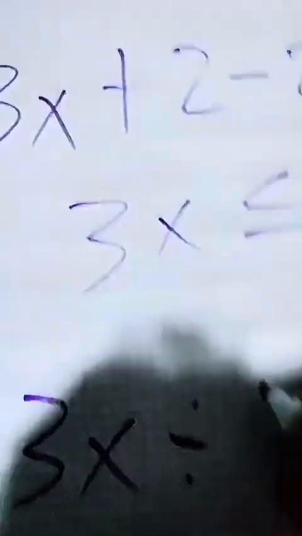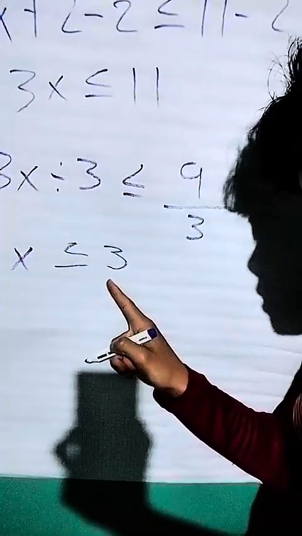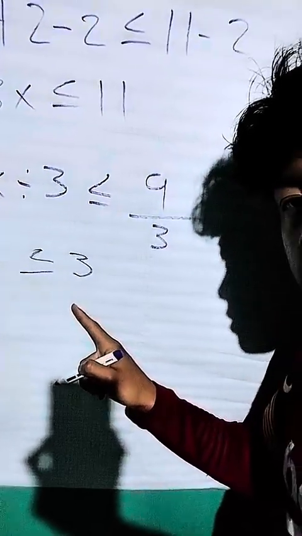So x ≤ 3. This means x can be 3 or a number smaller than 3, like 2, 1, 0 or -5.